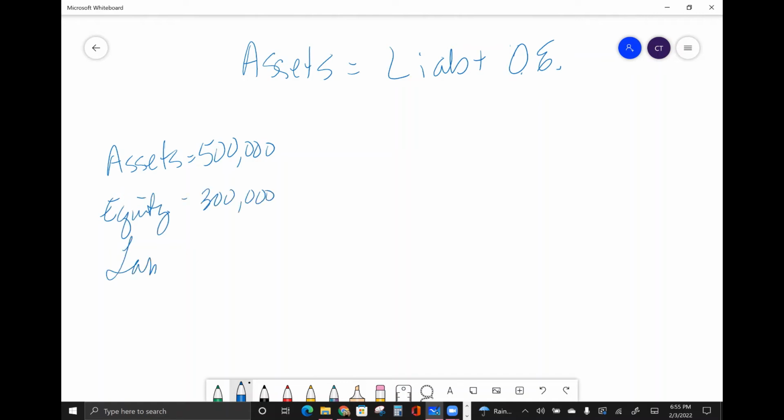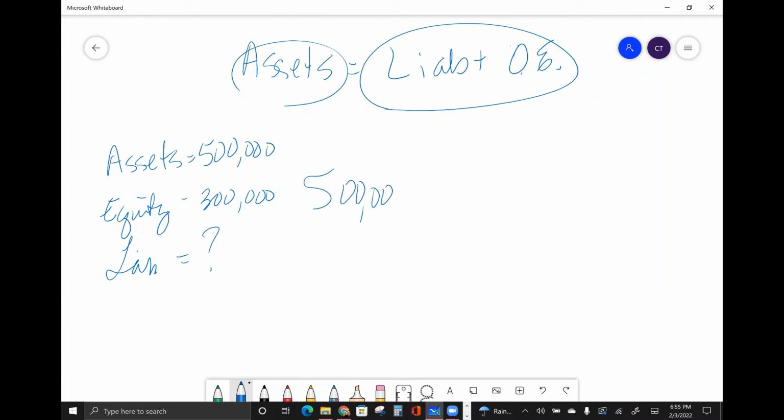I want to know what liabilities is. Do you know how to figure that out? Plug it into your formula. We're just taking the difference because remember, this side has to equal that side. So 500,000 equals, looking for that. It's 200,000, or any combination of that. So you want to know that.